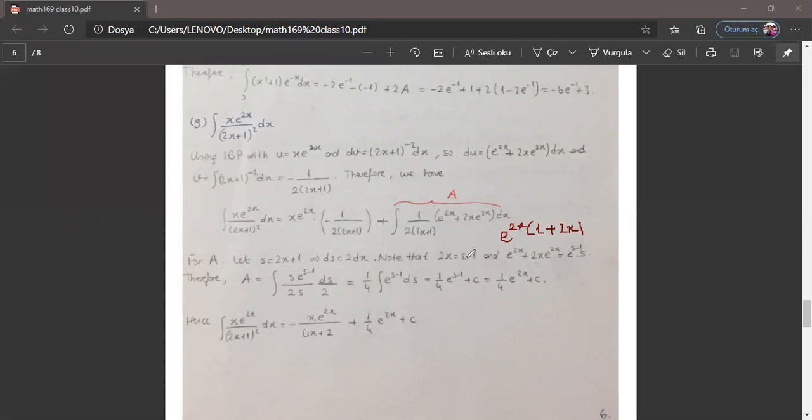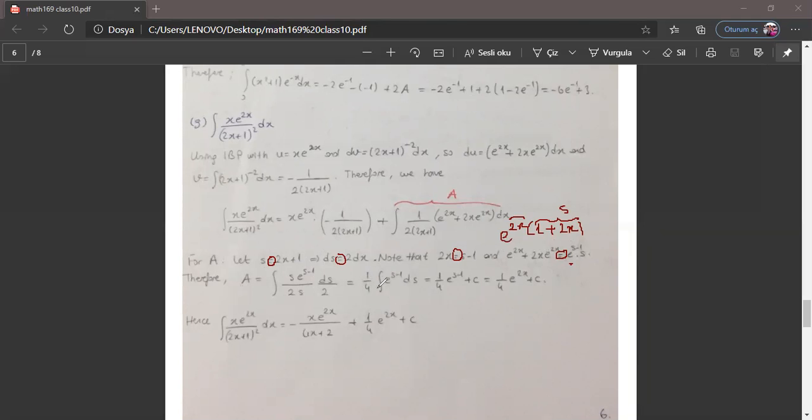And 2x is equal to s minus 1, so this is equal to e to the s minus 1, and this was equal to s, so we have s times e to the s minus 1. Now A was this integral, then A is equal to this, and by using this, this, this, and this, we obtain this integral.